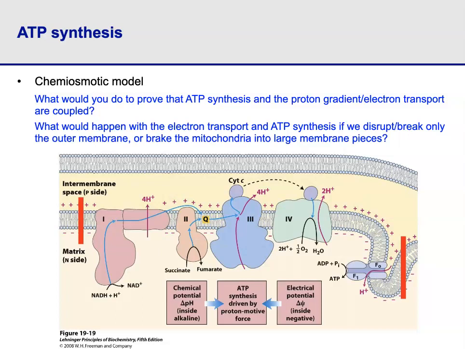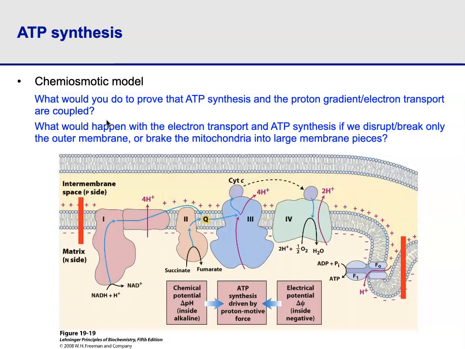Now, what would you do to prove that ATP synthesis and the proton gradient or electron transport are coupled? For the next few slides, we will explore how we can actually prove that indeed is the case.